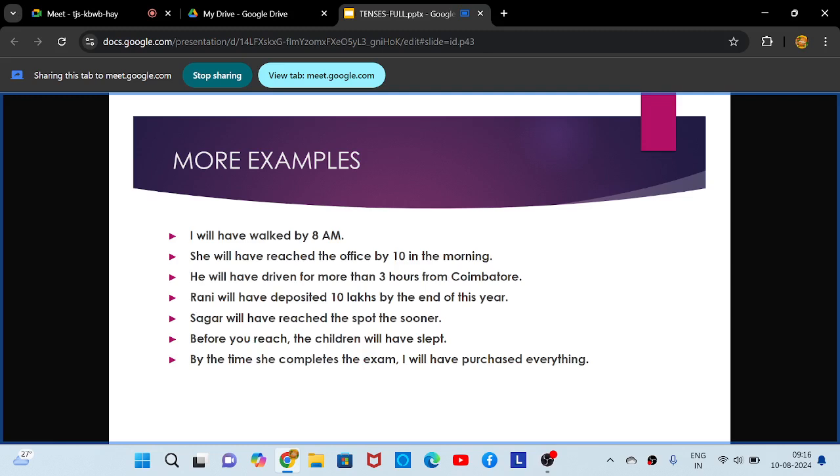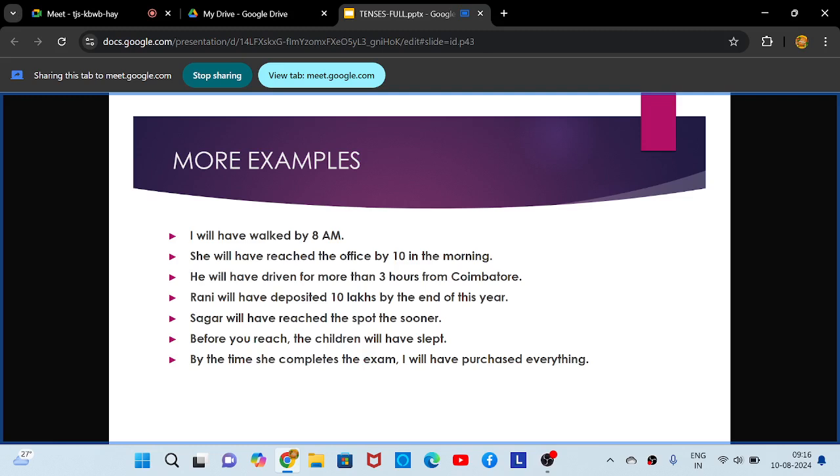There are 2 temples of Isha. One is in Coimbatore. That was the first one. And the second one is in Bangalore also. So the Adi Yogi Yoga Center is there in Coimbatore, so Coimbatore is also famous for that nowadays. Okay, so he will have driven for more than 3 hours from Coimbatore.